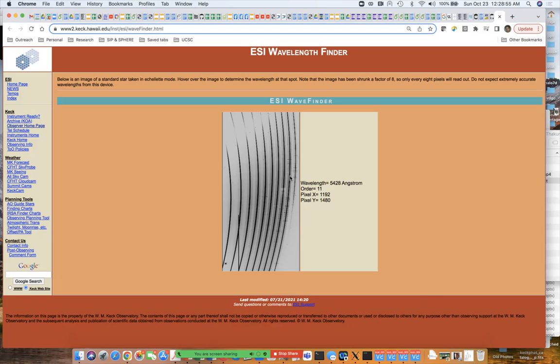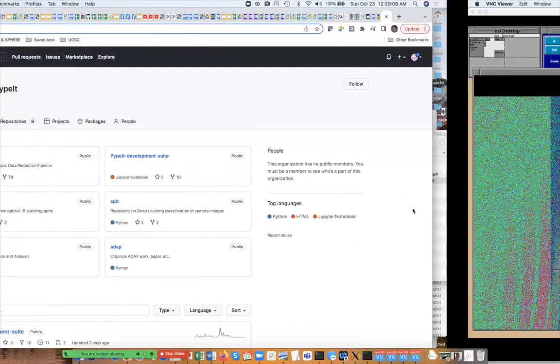Can I see your cursor if you move your cursor in the... Oh, no, you'll have to share your screen, right? Okay, wait a moment. You can use Safari to do that. Sorry.